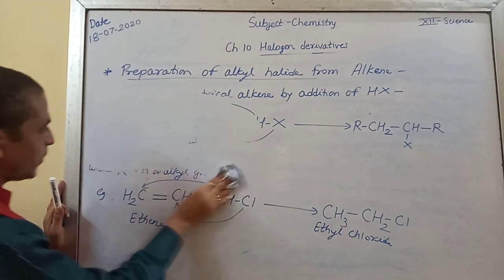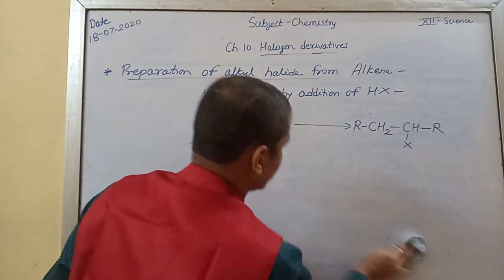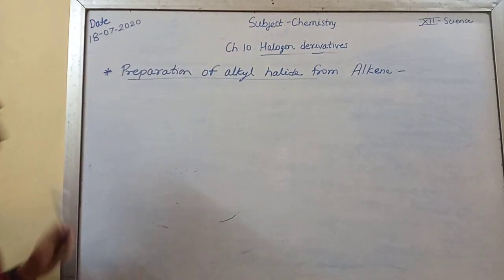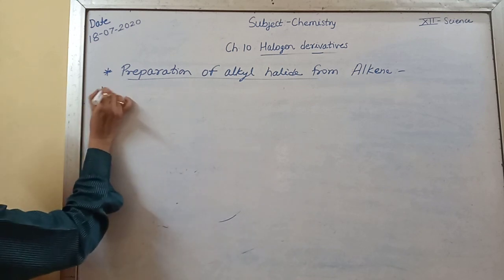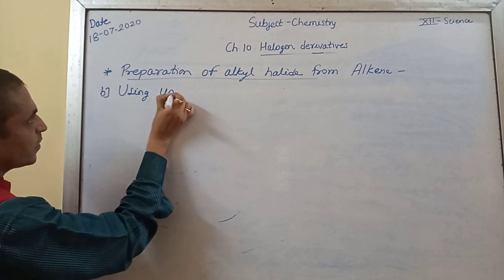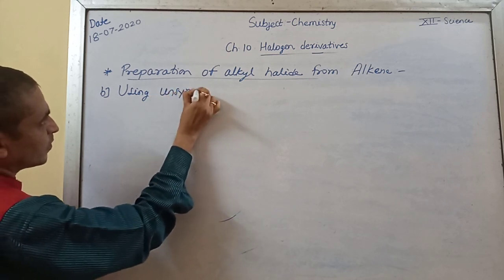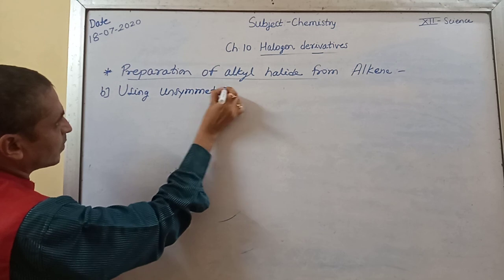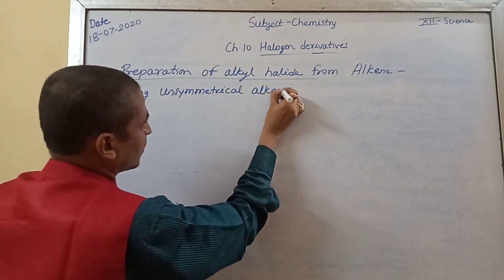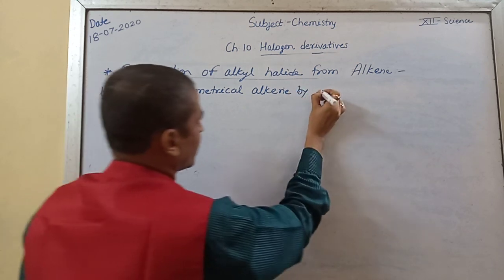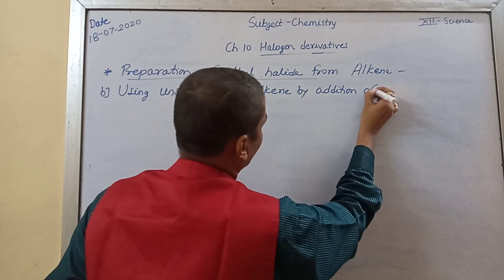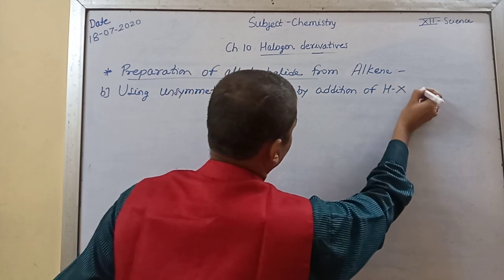Now we will see the second part, that is using unsymmetrical alkene by addition of hydrogen halide.